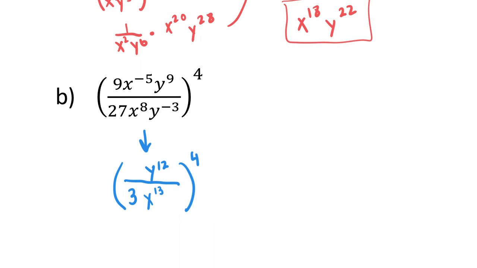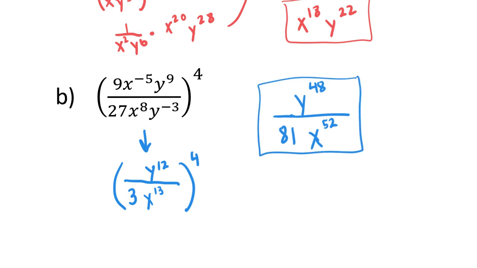And that is all to the 4th power. So then we will distribute that through. So y to the 12th to the 4th power, 12 times 4 is 48. 3 to the 4th power is 81. And x to the 13th to the 4th power is x to the 52. And there we go. We have that all the way reduced.